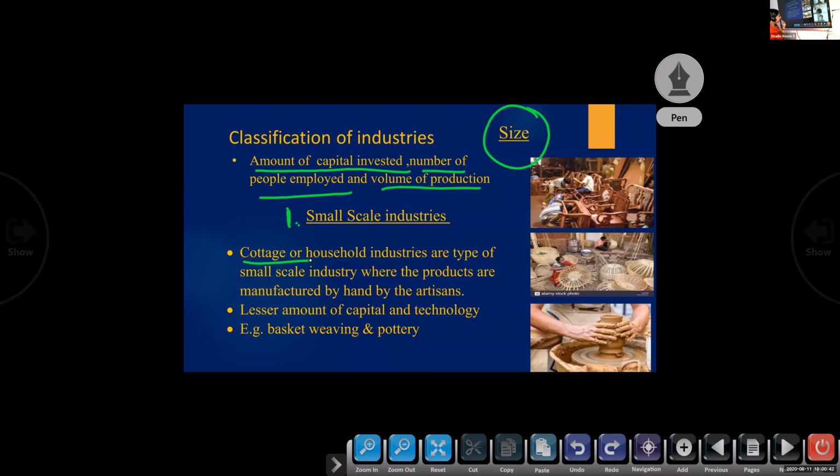They use simple tools. For example, we can say basket weaving, pottery making, toy making. All these are examples of cottage or household industry. Clear? Yes, ma'am. All are busy with writing notes.